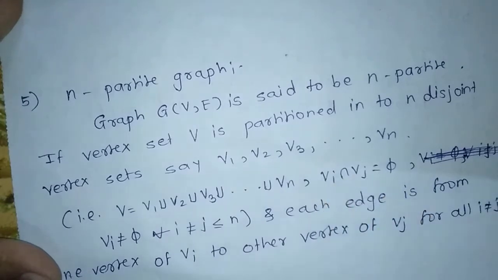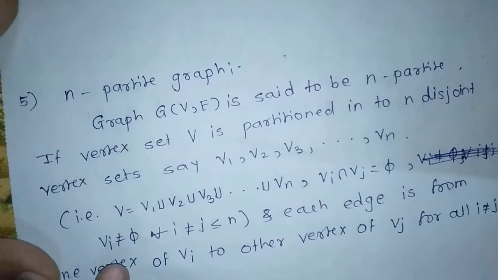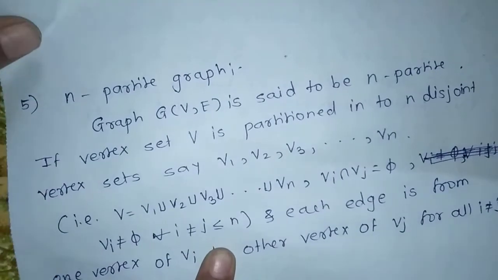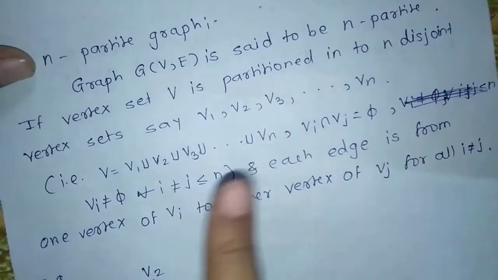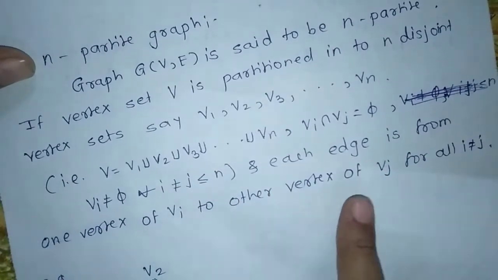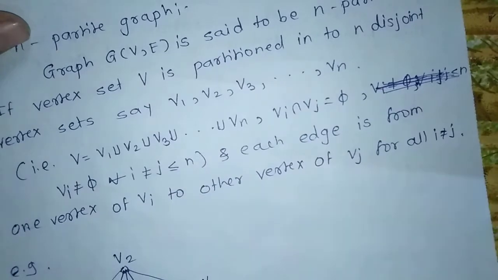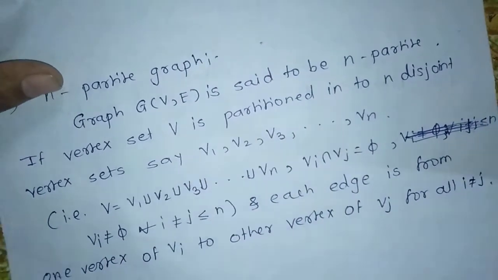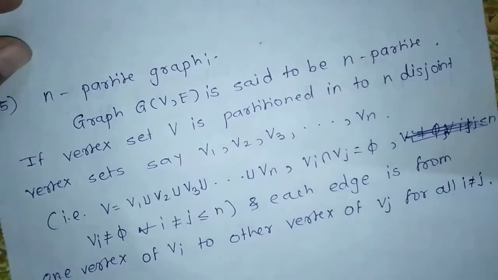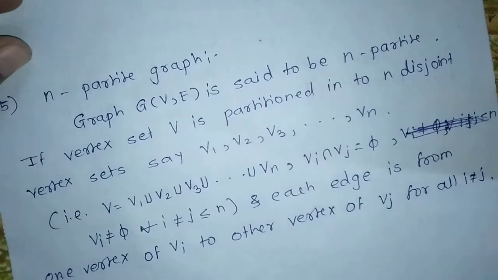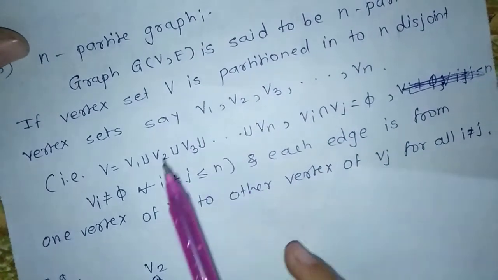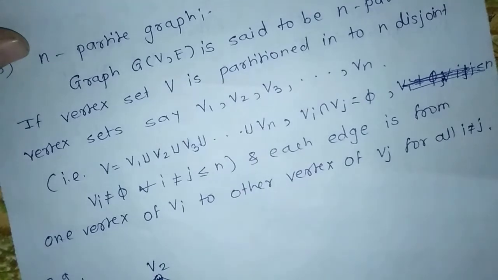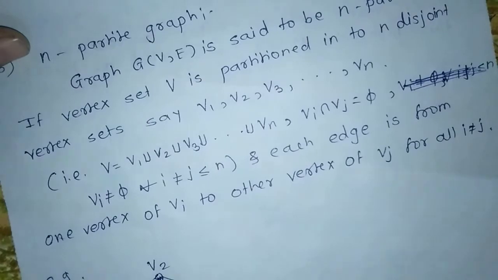Also Vi intersection Vj is equal to phi, Vi is non-empty, also Vj is non-empty, for all i not equal to j, less than or equal to n. And each edge is from one vertex of Vi to another vertex of Vj for all i not equal to j. This definition is similar to a bipartite graph, but here we note that there are n vertex sets, V1, V2, V3 and so on, Vn.